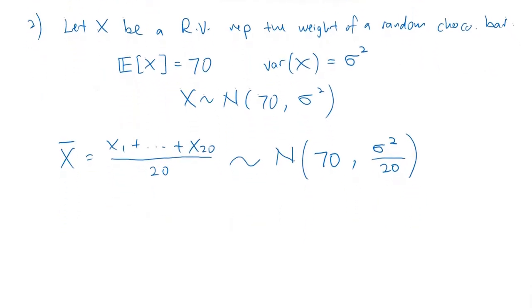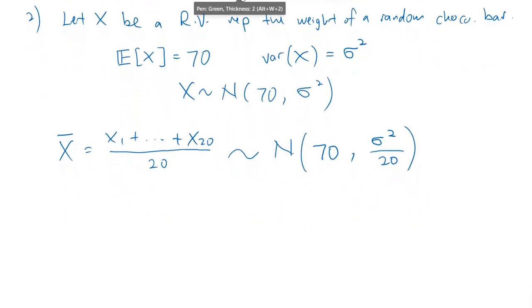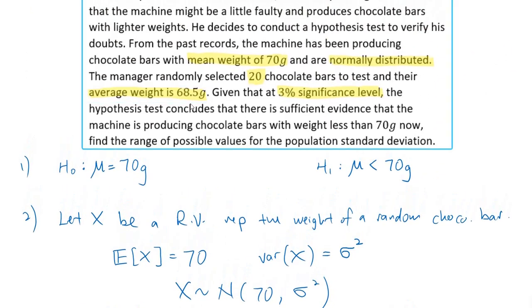Then the next step, I'll write down the actual average weight that I got from conducting the test. The actual test was given by the question. He says that the average was 68.5 grams. Let me zoom out a bit so that you can read the question again. This one.